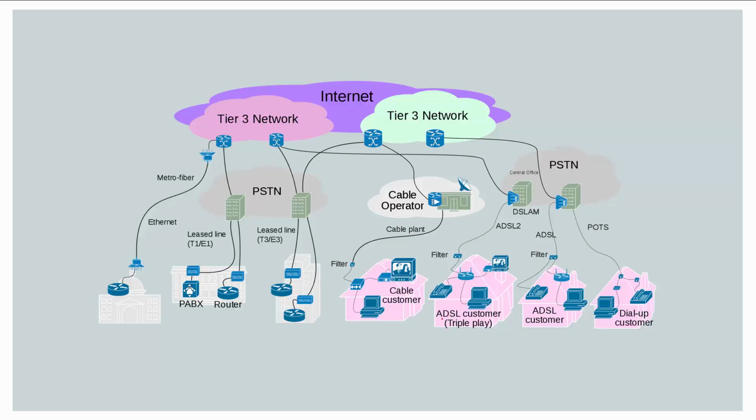We have different types of DSL. Hopefully nobody's on dial-up anymore. We have cable internet. We have, in this case, different types of leased lines like a T1 or a T3. We have other types of Ethernet-based connections. I don't see fiber on here, but we might have fiber optic connections to our various ISPs, and then they connect with each other at the internet exchange points.